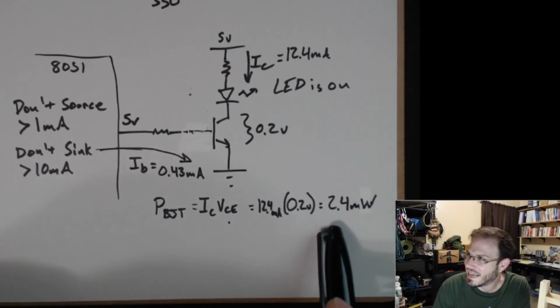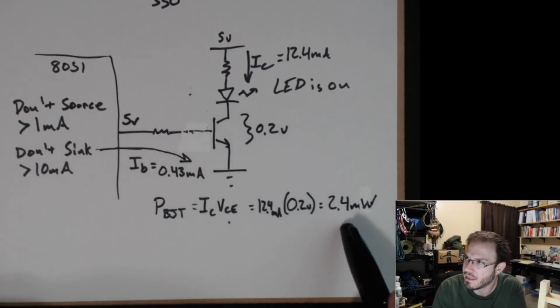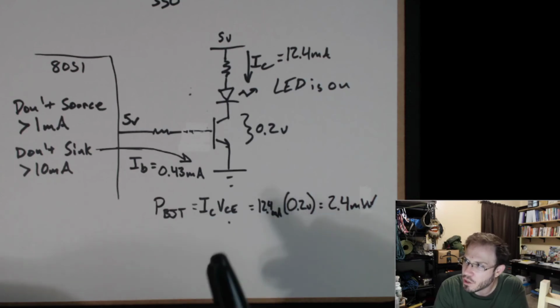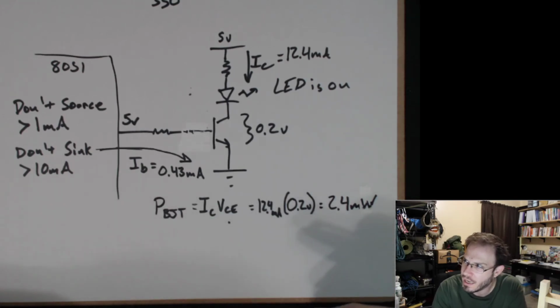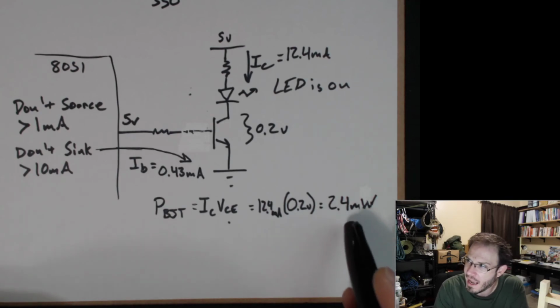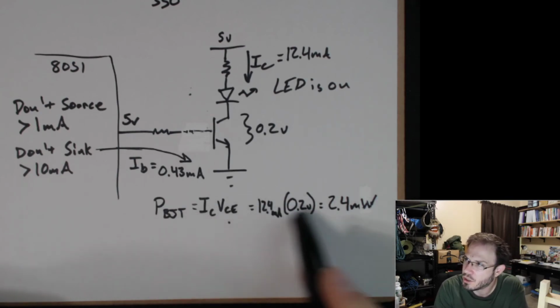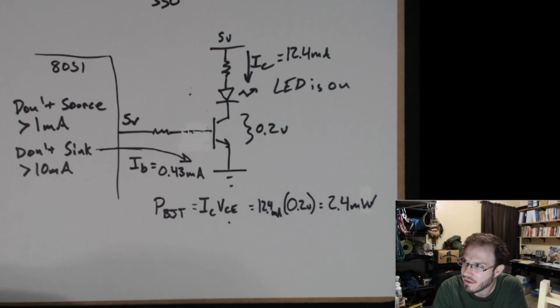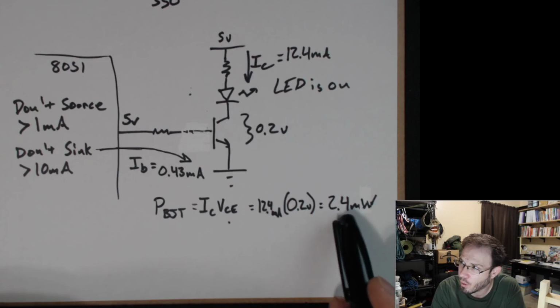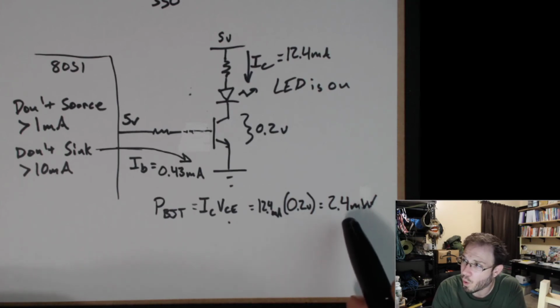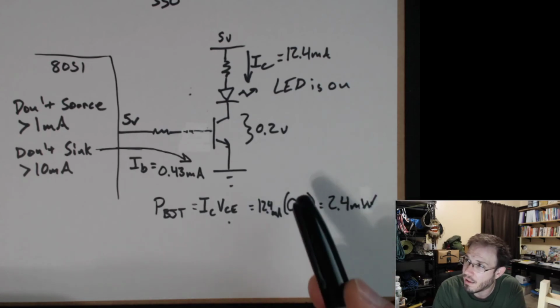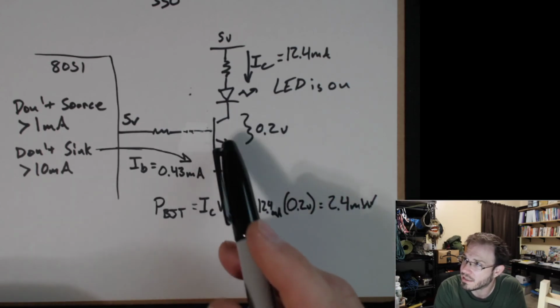So pretty easy to calculate the power being dissipated by the transistor. And if you're using a transistor as a switch, where it's going to be fully on and fully off, it's not a bad idea to make sure that your transistor is operating at a safe level. It depends on what transistor you're using, how much power you can safely dissipate. That being said, 2.4 milliwatts is very safe for this transistor.